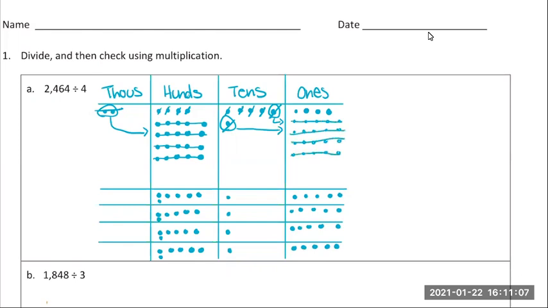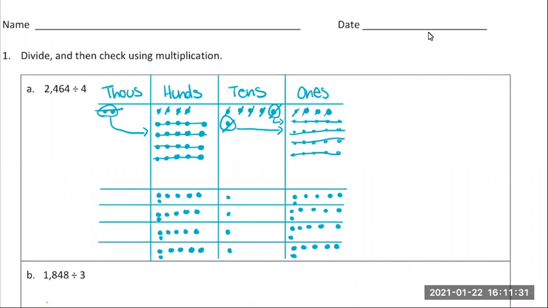Then I have 4 left to divide out. 1, 2, 3, 4. Now I've divided all of my dividend, and I have divided it into 4 groups.